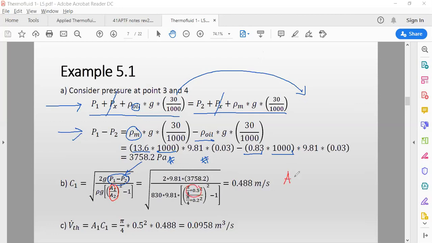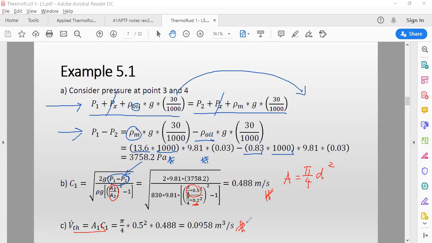The formula is pi over 4 d squared. For A1, the diameter is 0.5. For A2, the diameter is 0.2. So please sub in accordingly. Then you will get your flow speed. From your flow speed, to get the flow rate, use your A1 V1. That's it.